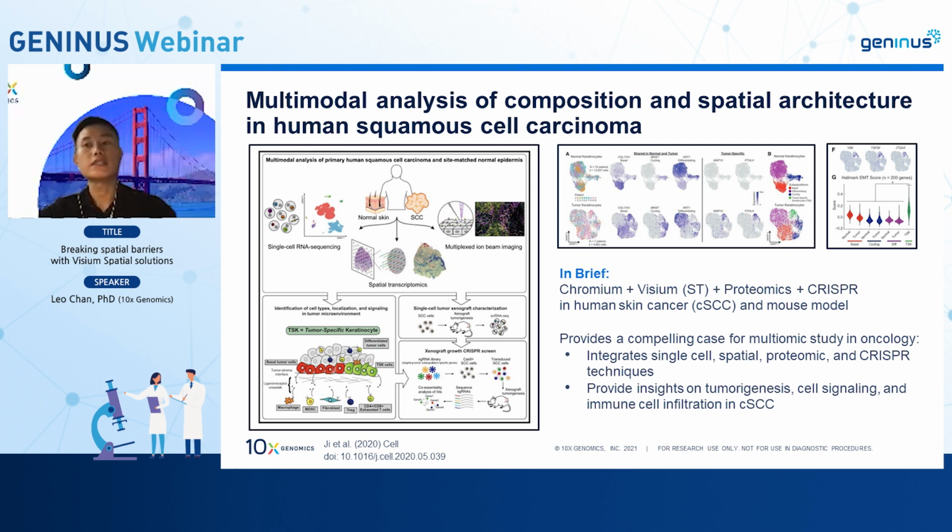One of the highlights of this publication is that the authors characterized the tumor microenvironment, and they identified a cell population which they call tumor-specific keratinocytes, or the TSK, shown on the bottom left. These cells are very different from the epithelial cells. They express cascades that indicate invasive behavior and cell movement.